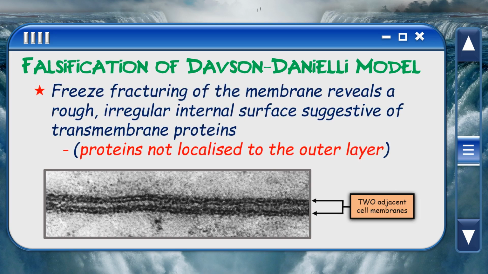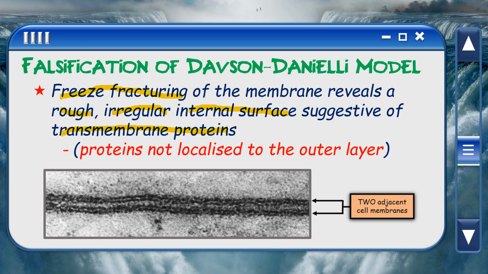Freeze fracturing of the membrane reveals a rough, irregular internal surface suggestive of transmembrane proteins.